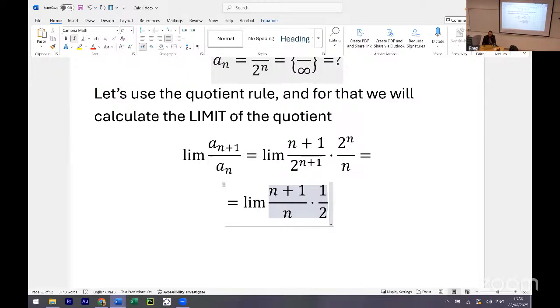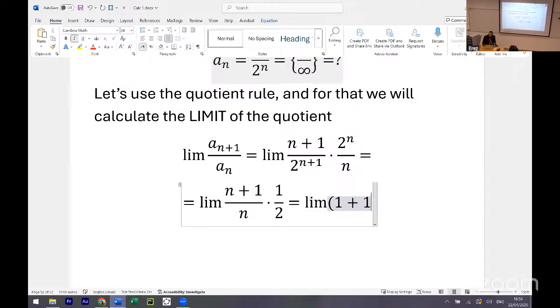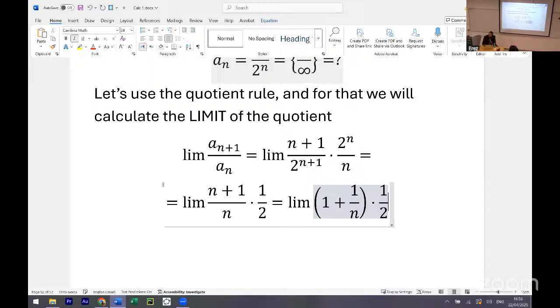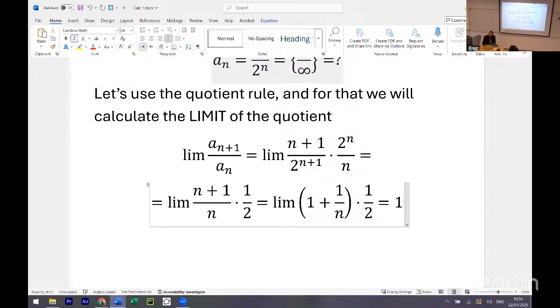And what is the limit of (n+1) over n? Let's calculate even this. That's the limit of (1 + 1/n) times half. And now we can safely say the limit is half. Why? Arithmetics of limits. This is 1, this is 0, this is half.